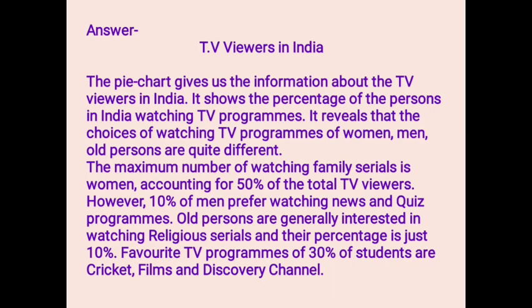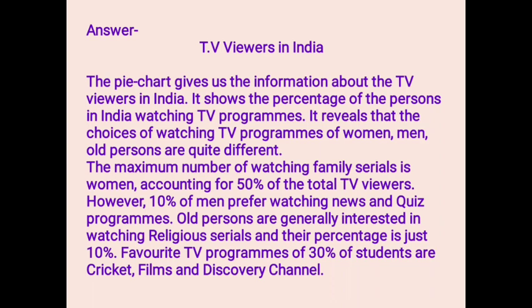Now, based on this pie chart, we need to frame a paragraph. Let's see how we can do it. TV viewers in India. The title, okay? The pie chart gives us the information about the TV viewers in India. It shows the percentage of the persons in India watching TV programs. It reveals that the choices of watching TV programs of women, men, old persons are quite different.